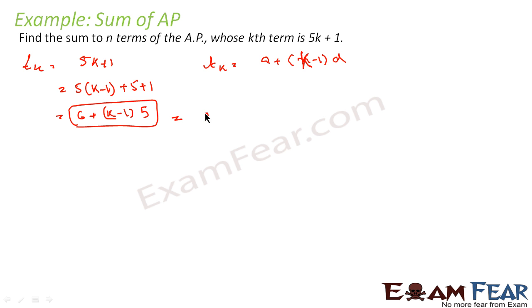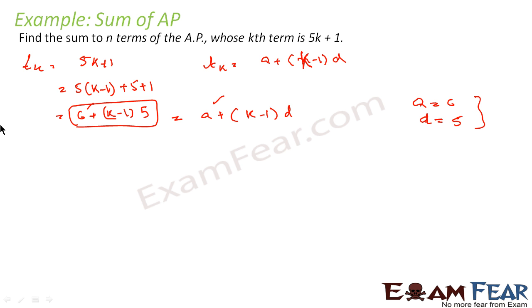Now this is equal to a plus k minus 1 into d. So if you compare these two equations, we can say that a is equal to 6, and k minus 1 into 5 is equal to k minus 1 into d, that is d is equal to 5. So we have got a, we have got d.